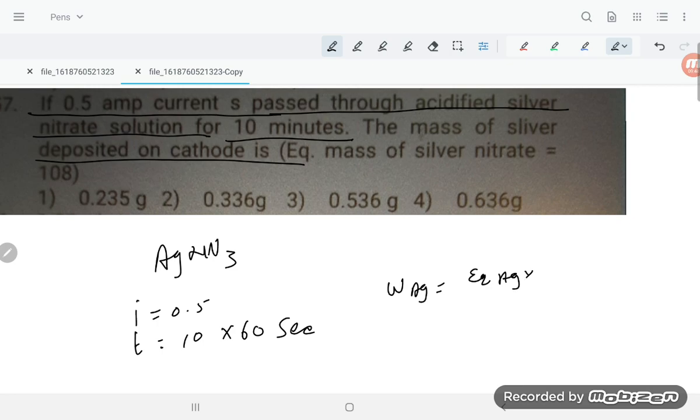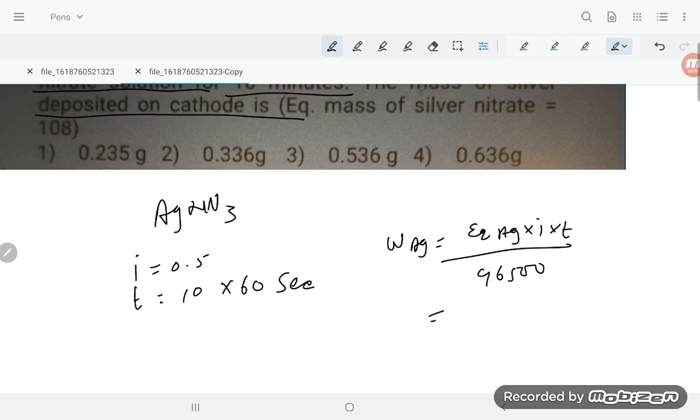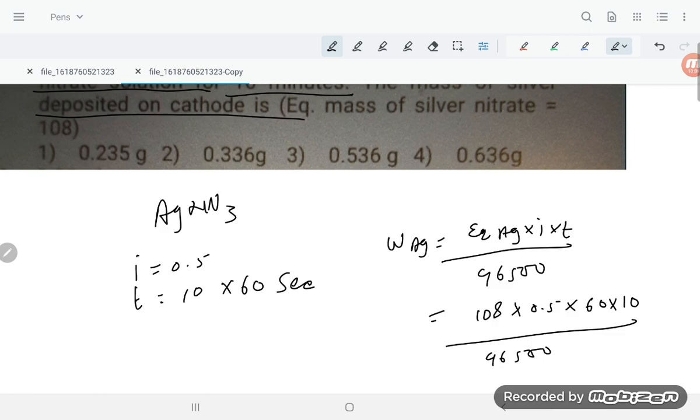Equivalent mass of Ag into I into T upon 96,500. The equivalent weight is already given, that is 108, I 0.5, time 60 into 10, and here 96,500. So try to solve it out, students, and check what answer you get.